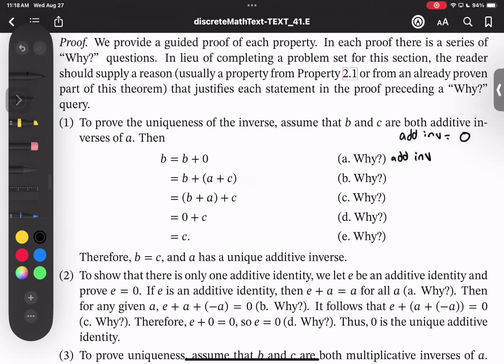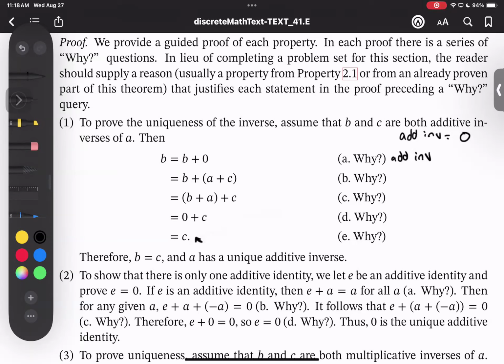We choose one of the ones that we're trying to prove is an inverse, and we say, obviously, b is equal to b plus 0. We're going to work things into that equation and try and get to this point.